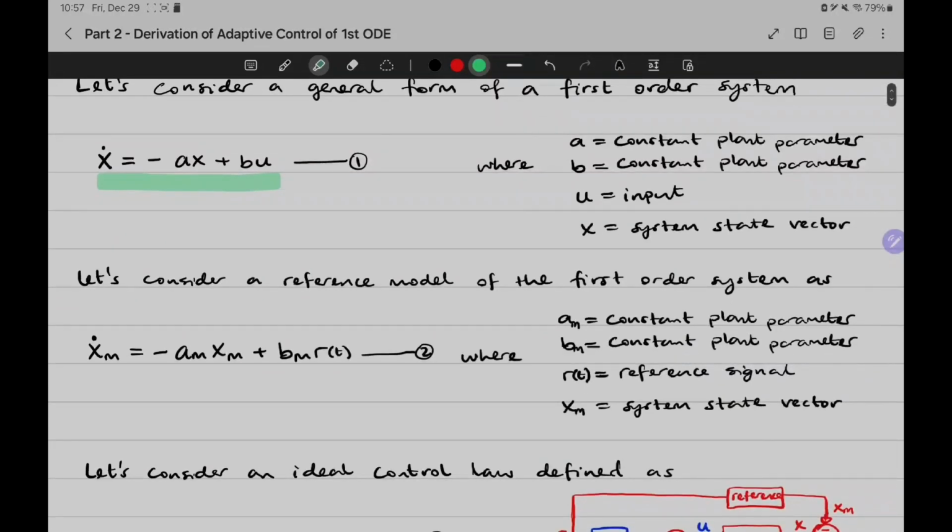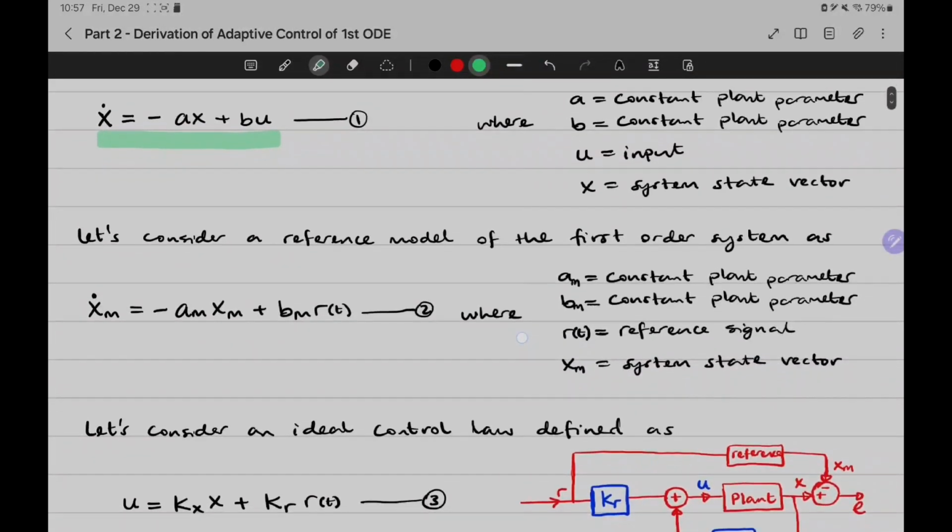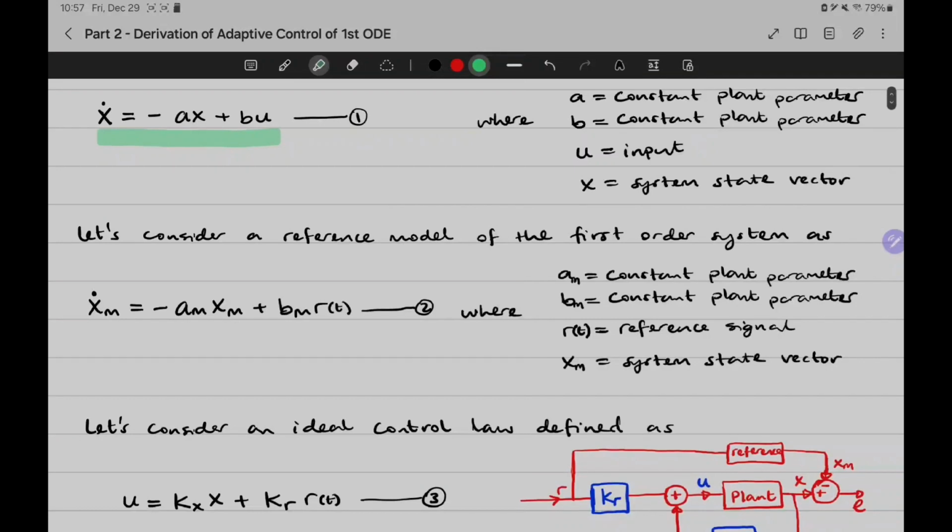Now, in addition, we will consider a reference model, right? Essentially, the idea behind the reference model is we are saying, okay, we want the plant to follow essentially how the reference model is doing. So if the reference model is doing good, then we want you to follow it that way. If it's doing bad, we still want you to follow it, right? No matter the condition, we still want it.